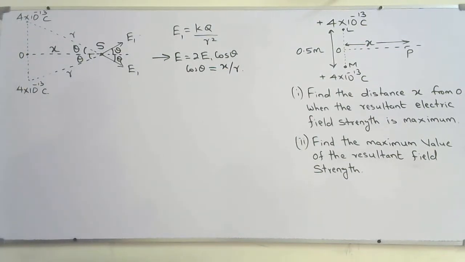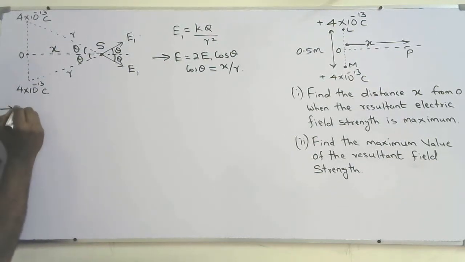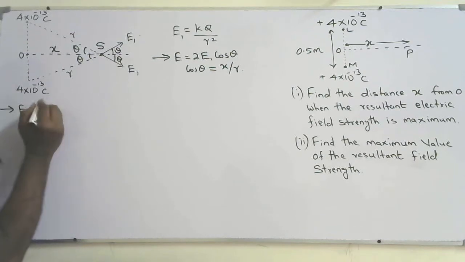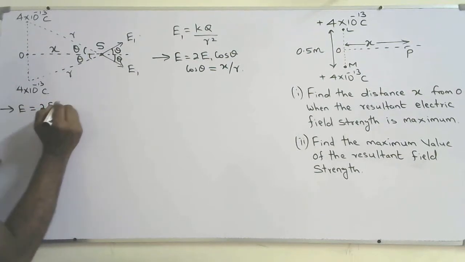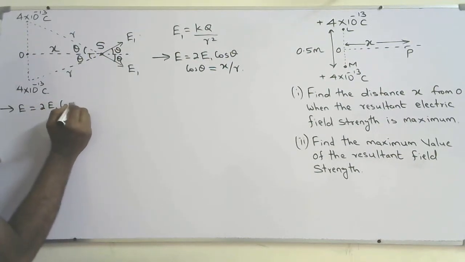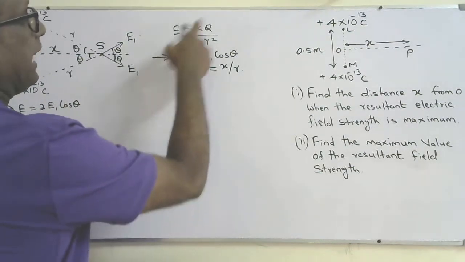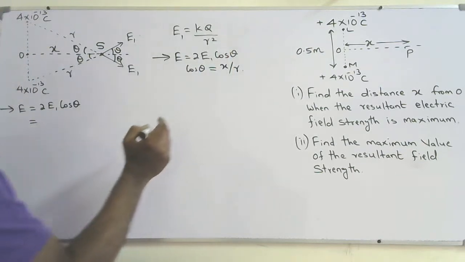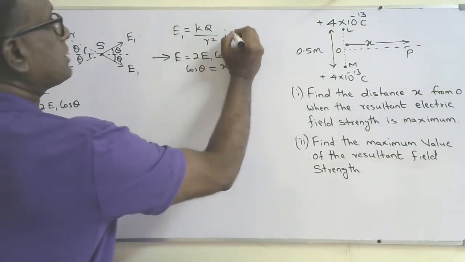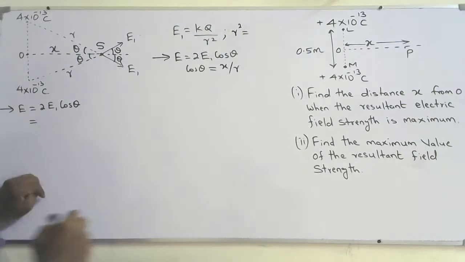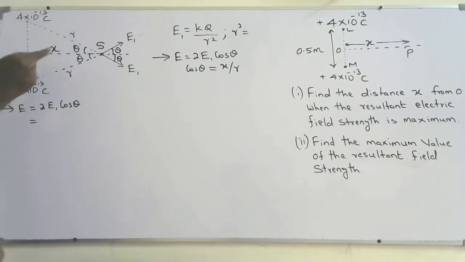Okay, I'm going to solve this equation further. Along this direction, E is equal to 2E1 cos theta, where E1 is equal to KQ over R squared. Using the Pythagoras theorem, R squared is equal to x squared plus this distance.